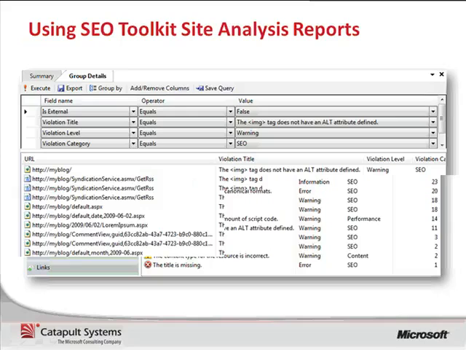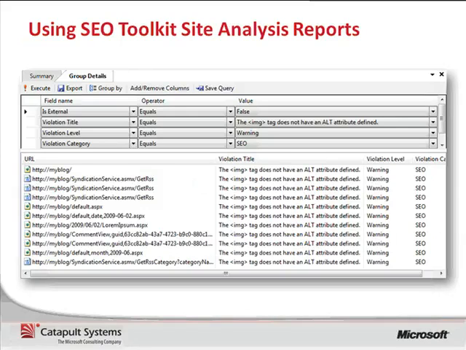And it tells you where it is as well. For each page, it'll tell you, for example, here it tells you that certain pages are missing image tags or alt tags for images and things like that. So these are some of the great tools that you can use to analyze the content on your site and make sure that your site is always optimized for search engines.